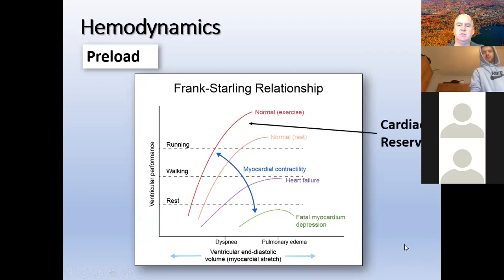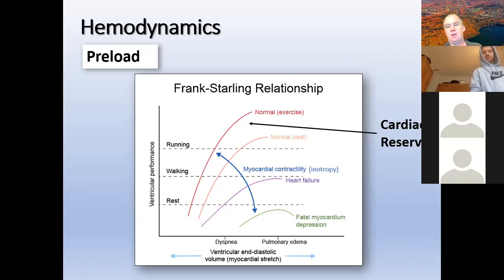Your body's really needing a lot more, so it's putting a lot of venous return into the heart, but the heart isn't able to get that blood out. So the pressure backs up from the left ventricle through the pulmonary artery to the lungs.